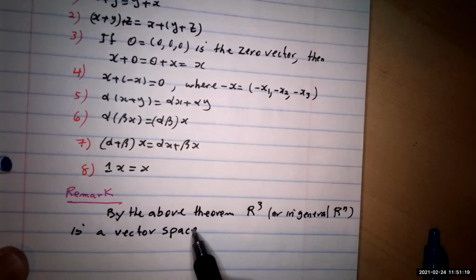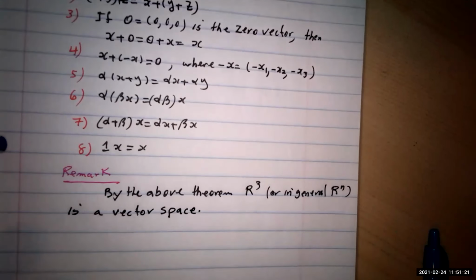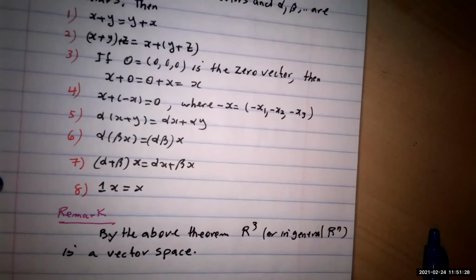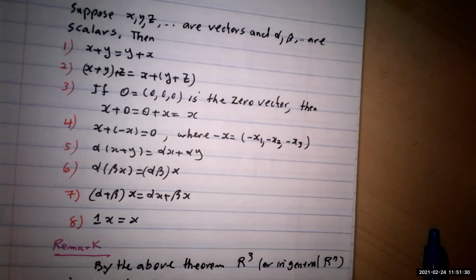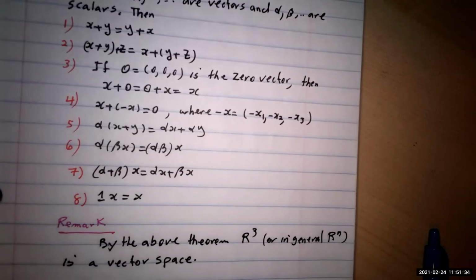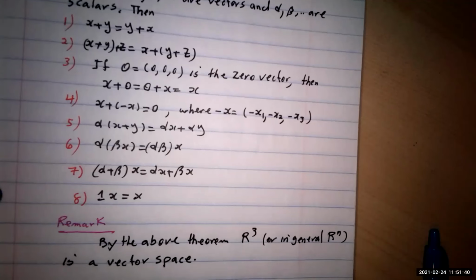A vector space is going to be a set of objects. We call them the vectors, and we have these addition properties. So what we did, from the system of the real numbers, we went into three dimensions. We introduced something very similar to the real numbers. So what we are going to do is continue.